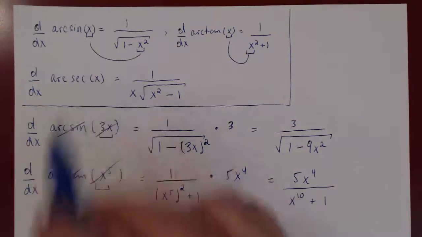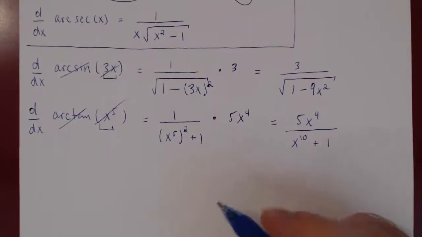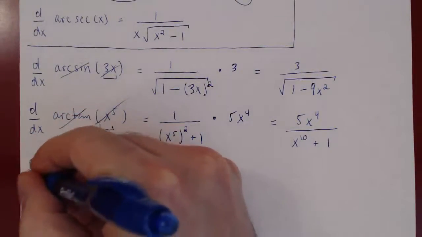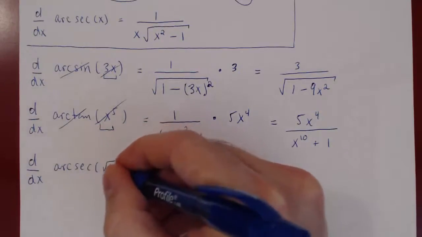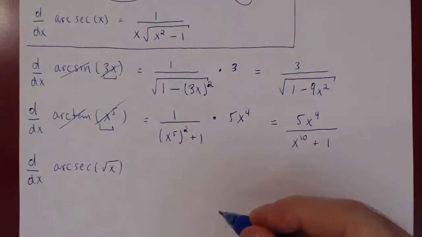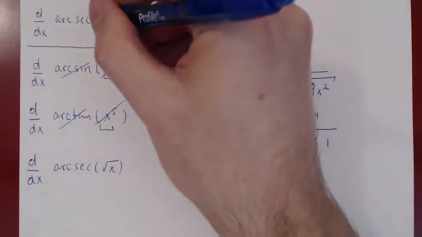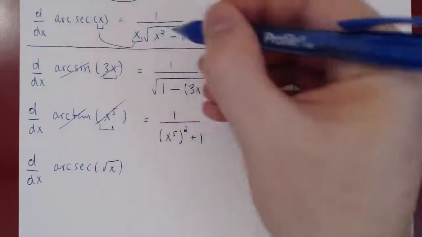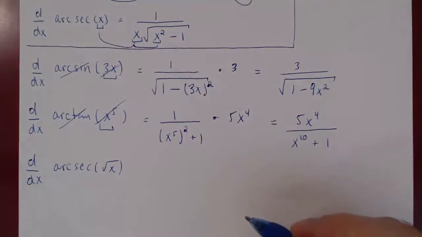Let's do one with arcsecant. Let's go with arcsecant, say, of root of x. So the derivative with respect to x of arcsecant of root of x. Well, once again, if you look at the formula for the derivative of arcsecant, at x, you plug in the argument, which is x here, and the argument squared here.